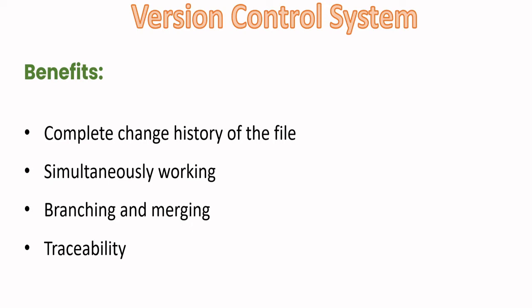It provides branching and merging facilities, which we will discuss in the upcoming tutorials. Traceability is the same thing related to the history of the file. Whenever you have some issue with the latest change, you can trace and go back to a slightly older change and make that the final code.